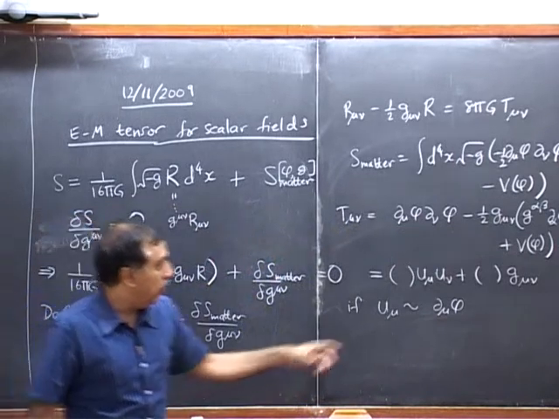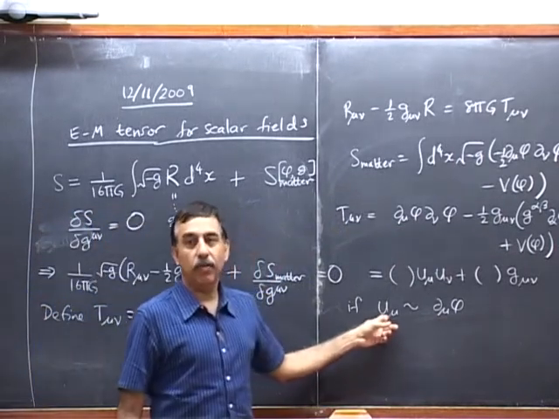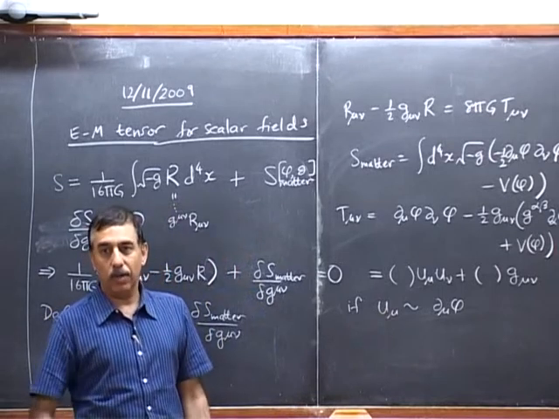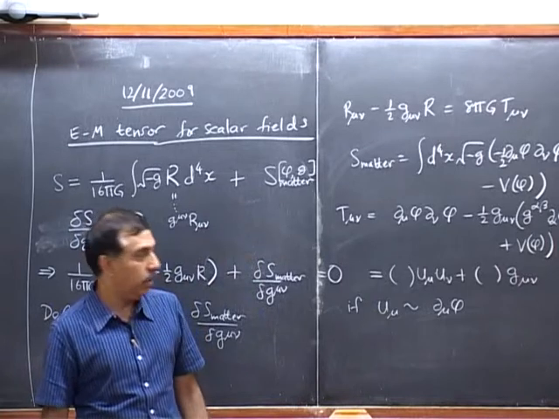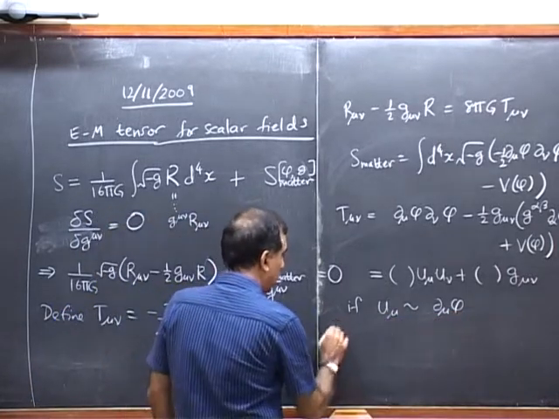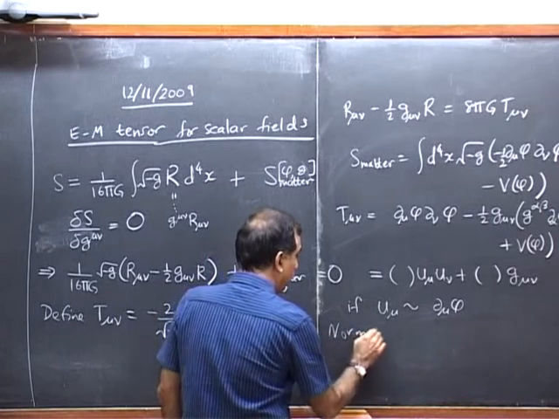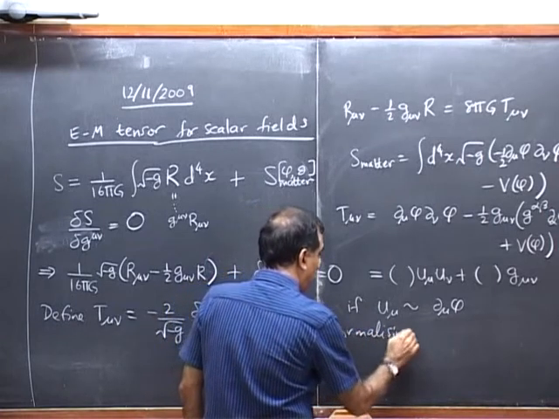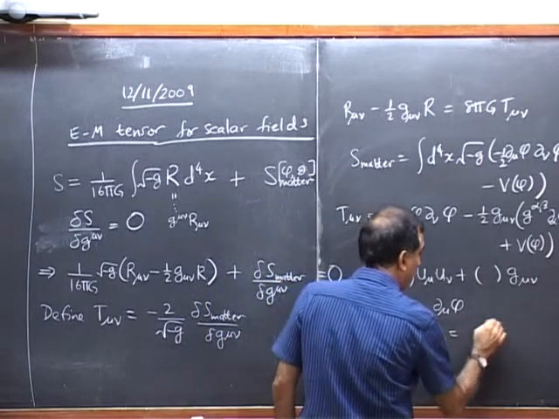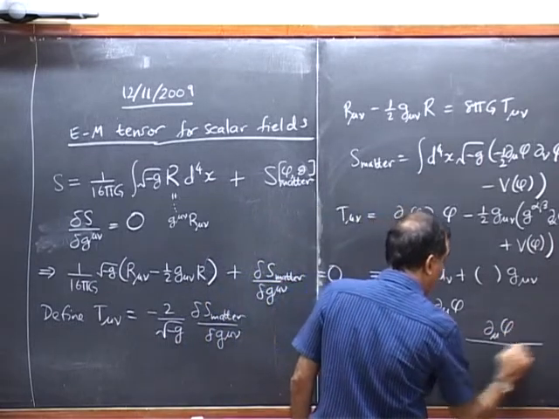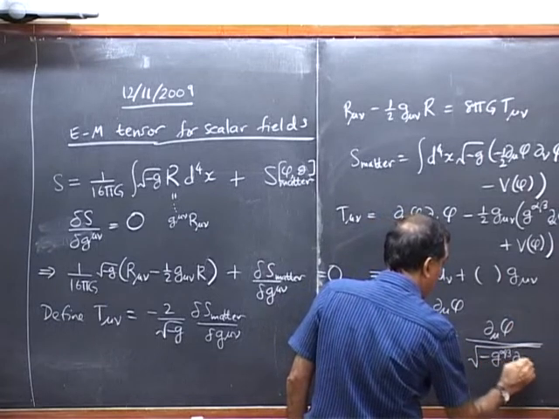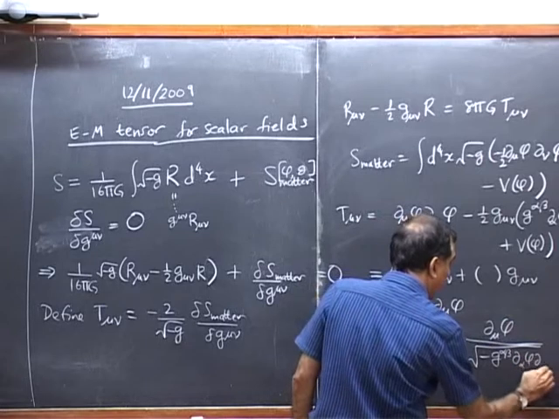Now of course, u is a normalized velocity four-vector. It should have norm u mu times u mu contracted with the metric should be minus 1. That's not true of this thing. So in fact, after normalizing, u mu comes out to be del mu phi upon square root of minus g alpha beta del alpha phi del beta phi.